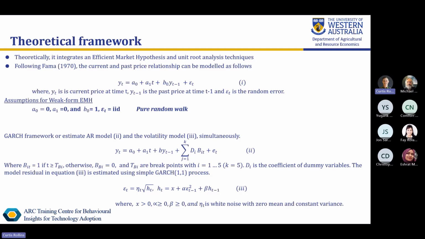In that, I'm jointly estimating the autoregressive model, which is equation 1, and the volatility model, which is equation 3, simultaneously. In the model, I'm controlling for the structural breakpoints. I'm creating dummies for those structural breaks and introducing them here to control for those. And here, these control for the heterogeneity or the volatility.